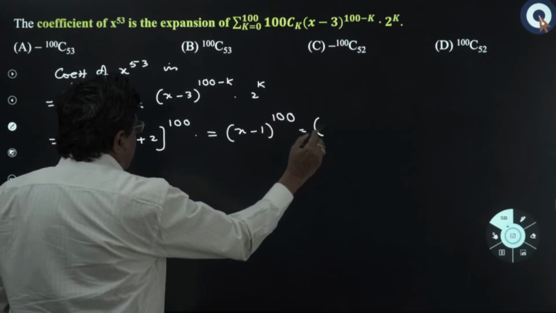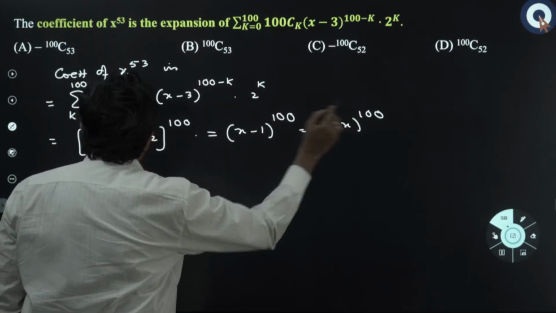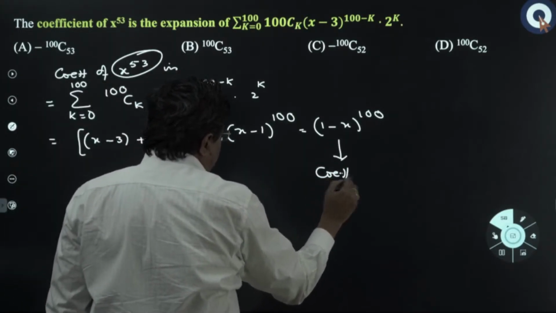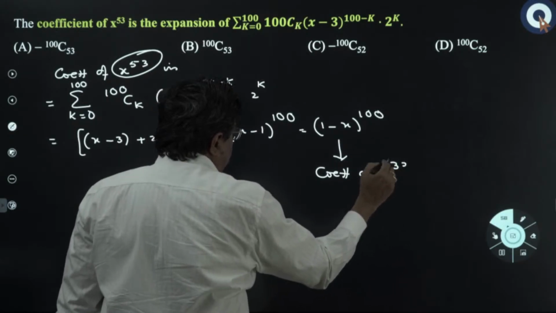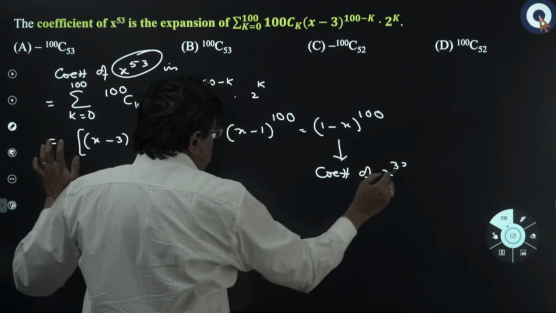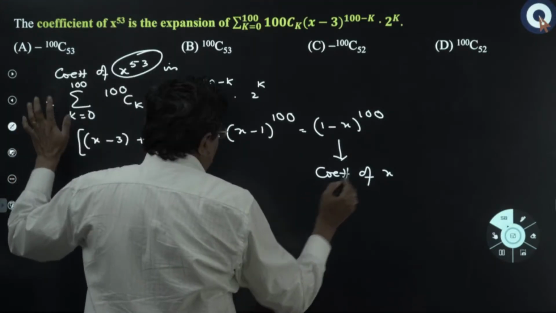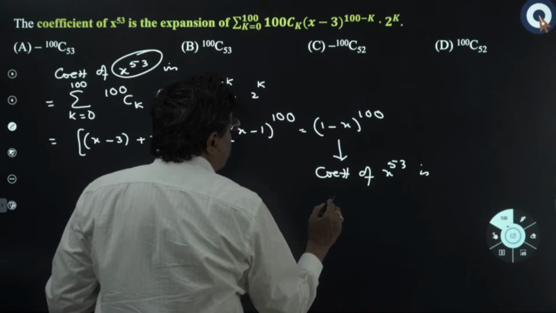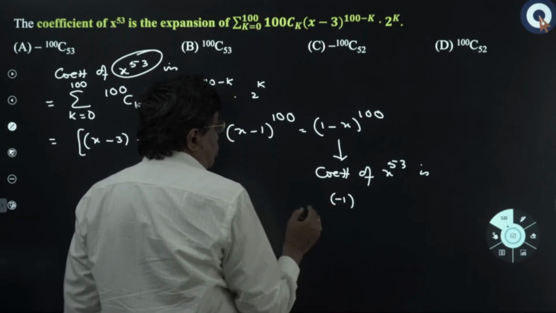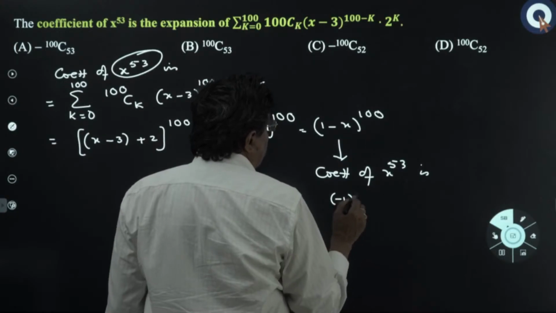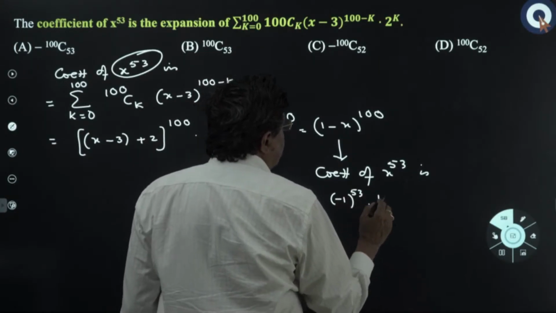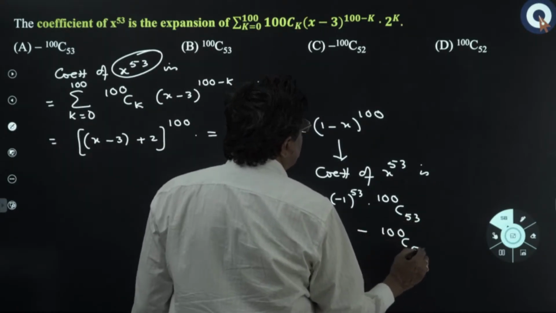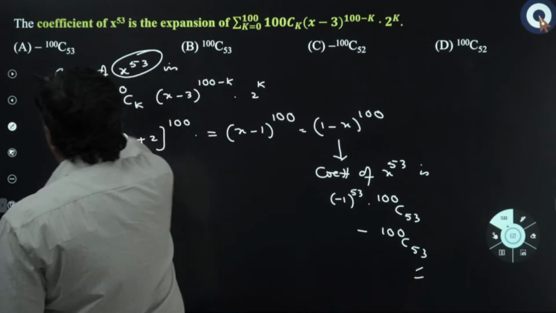We can as well write this as (1 minus x) to the power of 100. Now, the coefficient of x to the power of 53 in this is minus 1 to the power of 53 into 100C53. So, that becomes minus 100C53. So, that becomes option A.